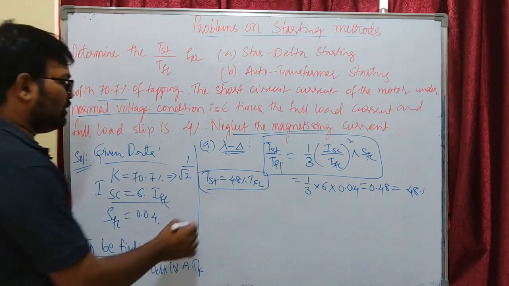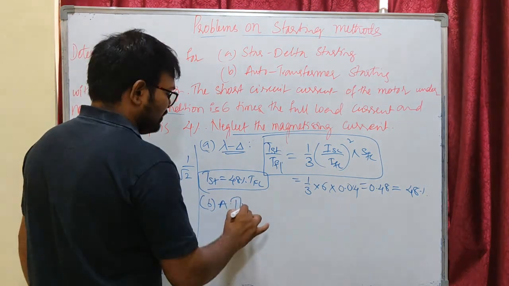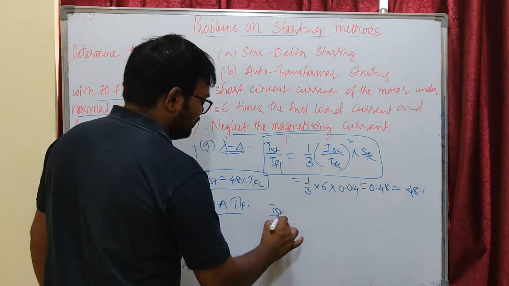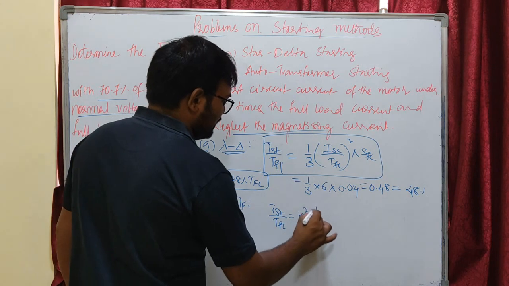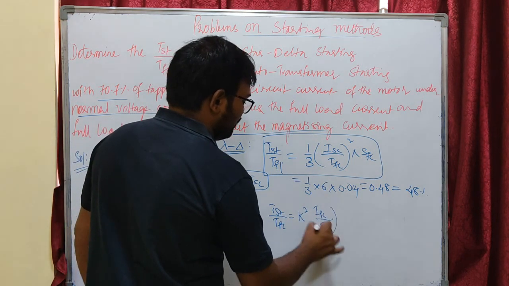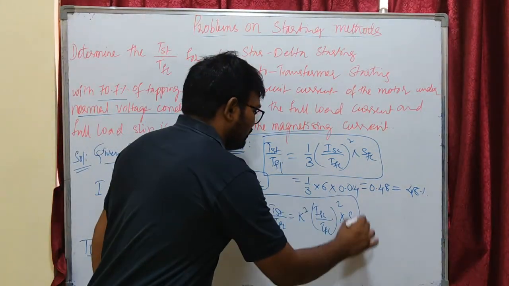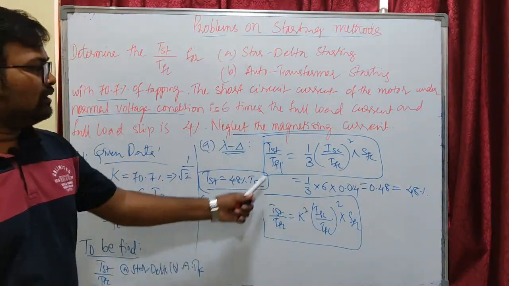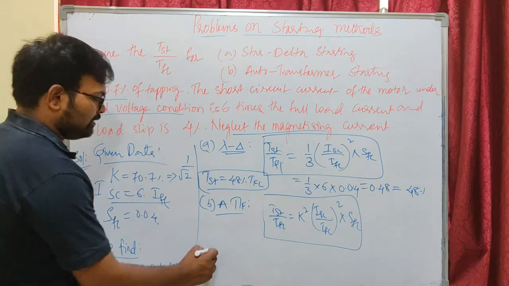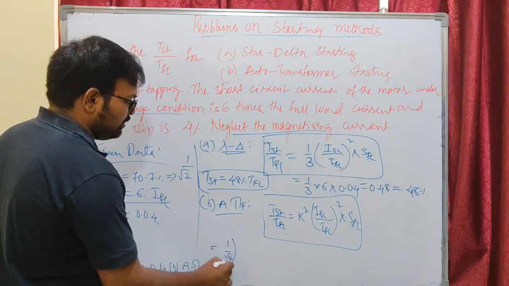Now let us do it for auto transformer starting. The expression for starting torque to full load torque is K square times ISC by IFL whole square into SFL. This is the expression for starting torque to full load torque ratio for auto transformer. This was for star delta. Now substitute the values. K is mentioned as 1 by root 2, so I am squaring it.